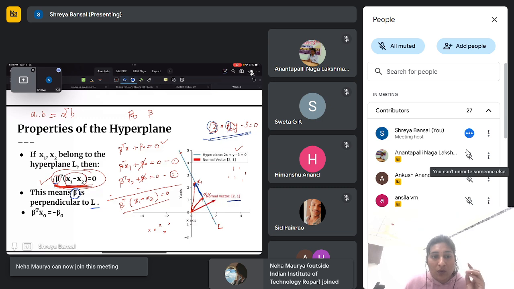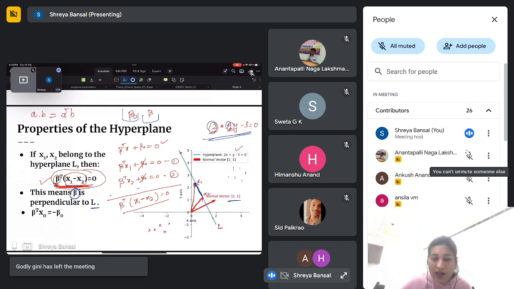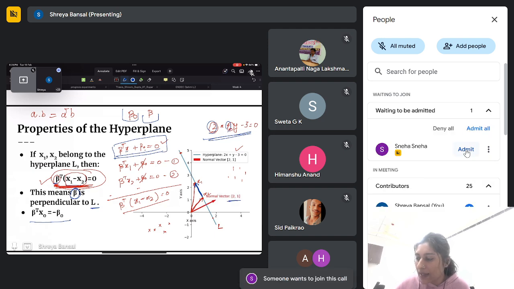Now one question arises. I told you in the starting that we will define beta naught and beta separately. What about beta naught? When you have some point x on this line, we can simply define beta naught because we know this equation. From this equation there are three things: x, beta and beta naught.